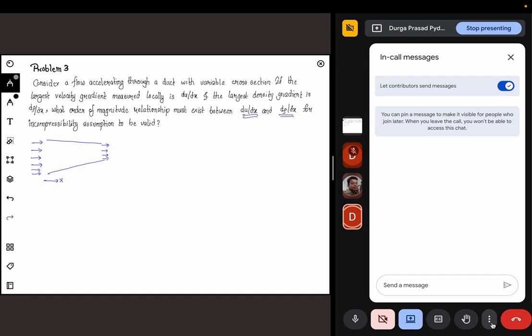Assume that this is steady flow. That will simplify things.